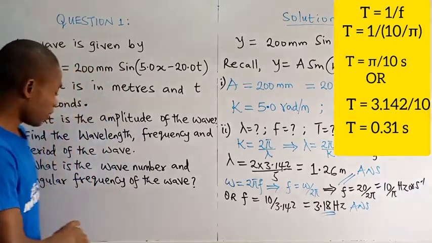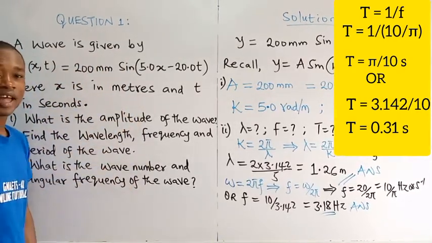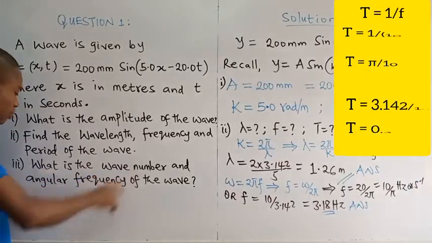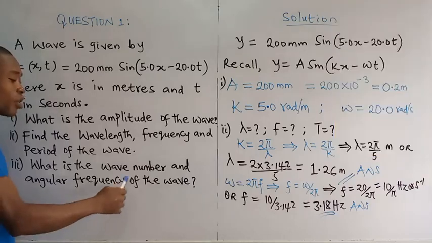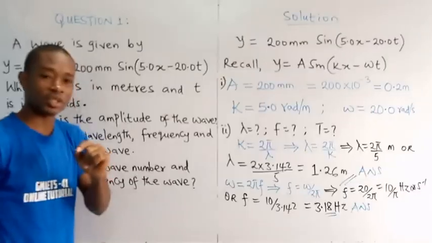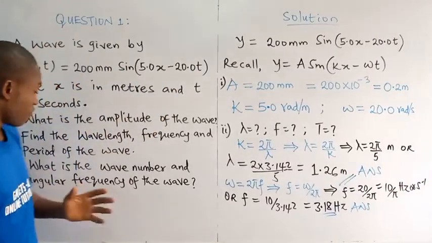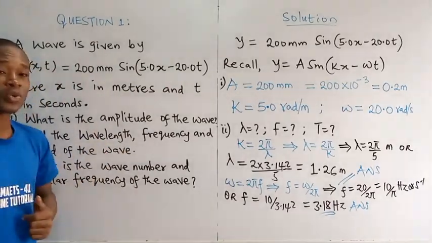Okay, now let us look at the last part of the question, because I'm not going to solve anything on it. We already got their values. What is the wave number and angular frequency of the wave? Directly from the given equation, from the given progressive wave equation, we can get our wave number and the angular frequency.